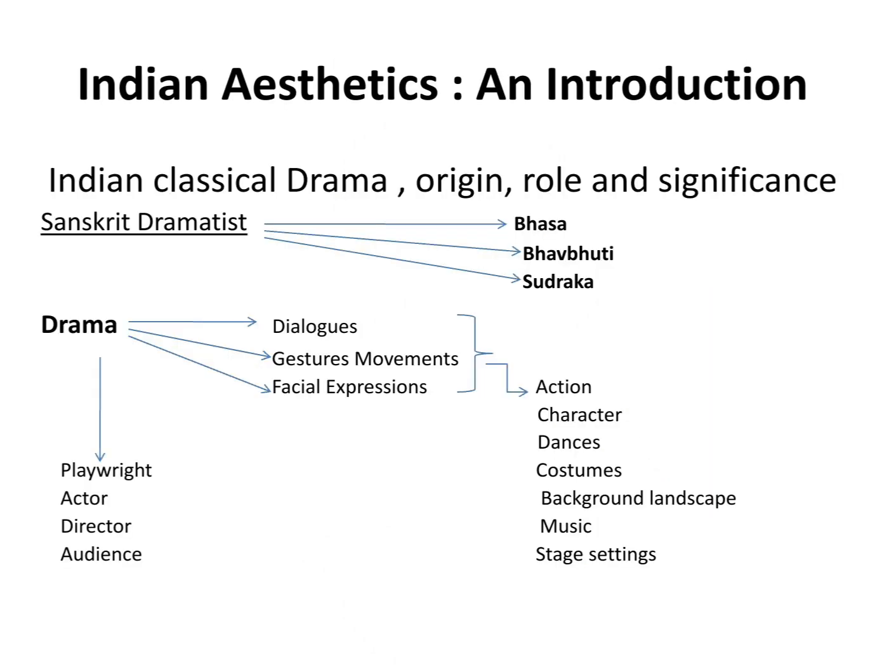In Indian aesthetics and introduction, we are going to discuss Indian classical drama, its origin, role, and the main significance. At the very beginning, we had Sanskrit dramatists, that is Bhasa, Bhavabhuti, and Shudraka. The drama includes dialogues said among the people, the gesture movements they perform on the stage, and the facial expression.